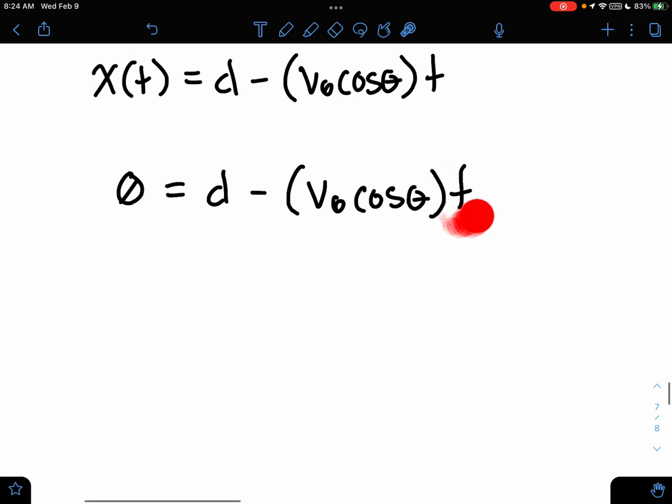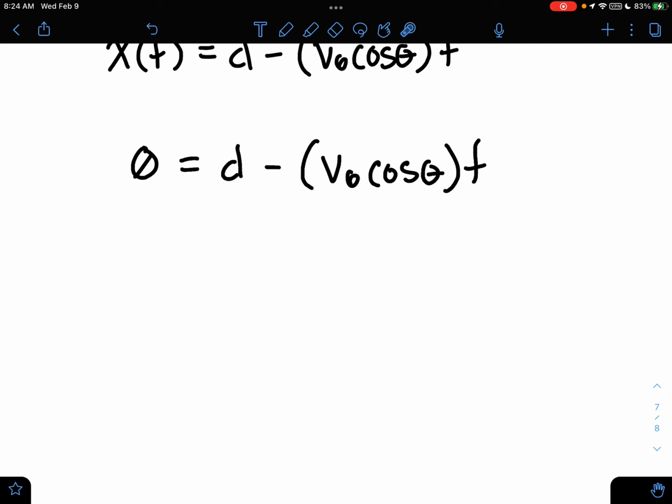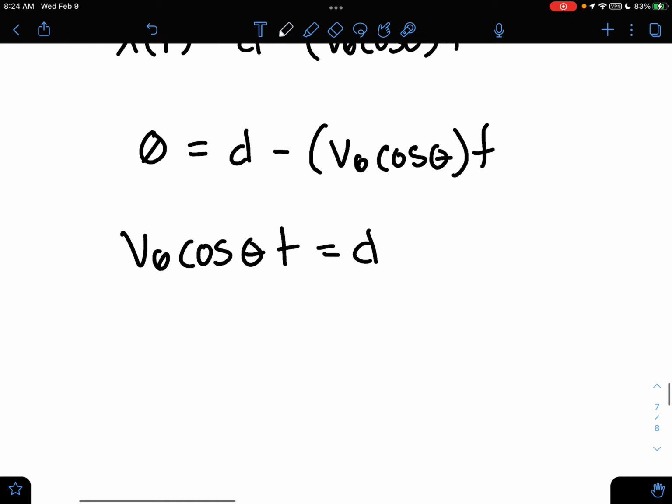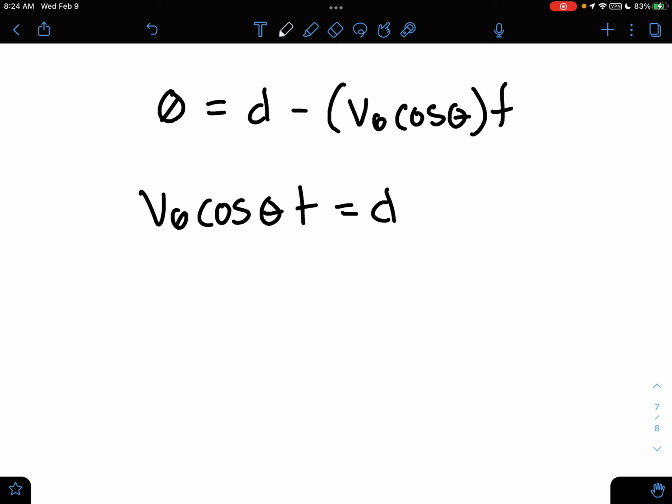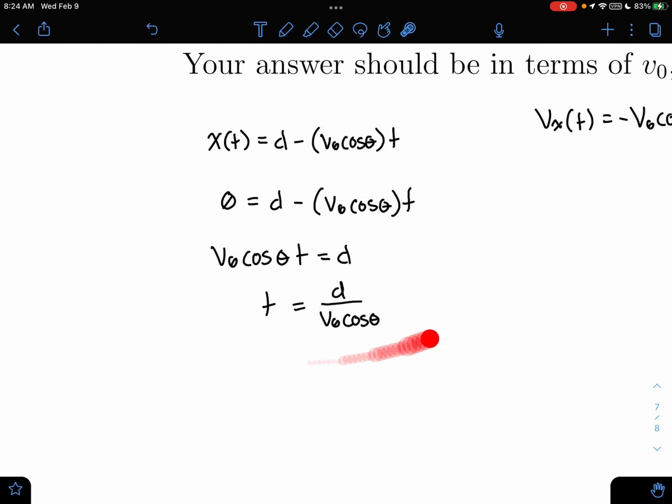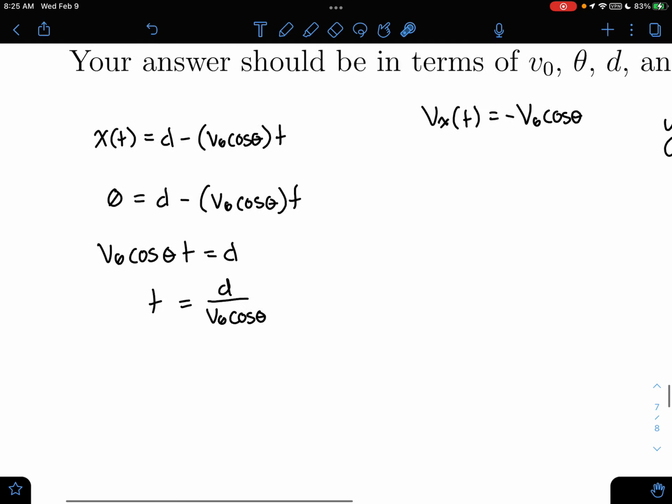We're trying to solve for time because we're finding the time when x equals 0. So I'm going to bump this to the other side. We're going to get v naught cos theta times time equals d. Dividing both sides, t equals d over v naught cos theta. Wonderful, time when x equals 0.